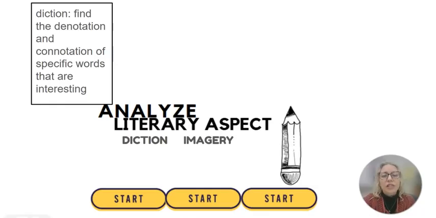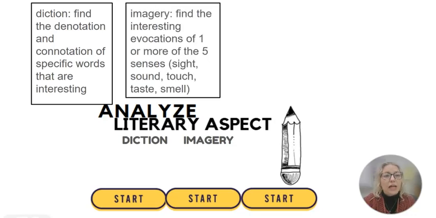You also need to look at the imagery in the quotation or on the page or in the example that you're looking at. With imagery, you want to find the interesting evocations of one or more of the five senses: sight, sound, touch, taste, smell, and really break them apart and explain how they work and why they're interesting.